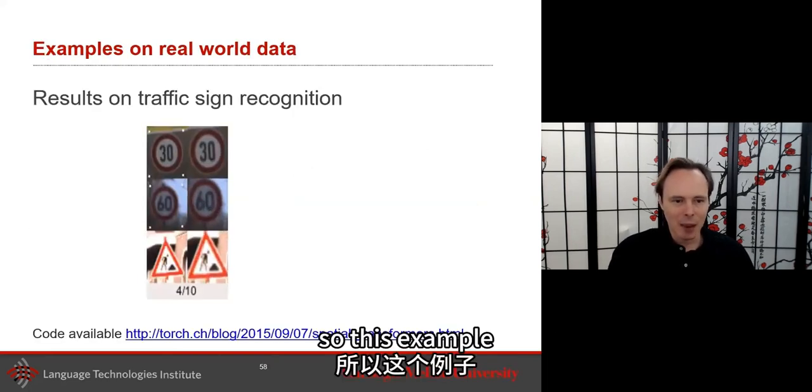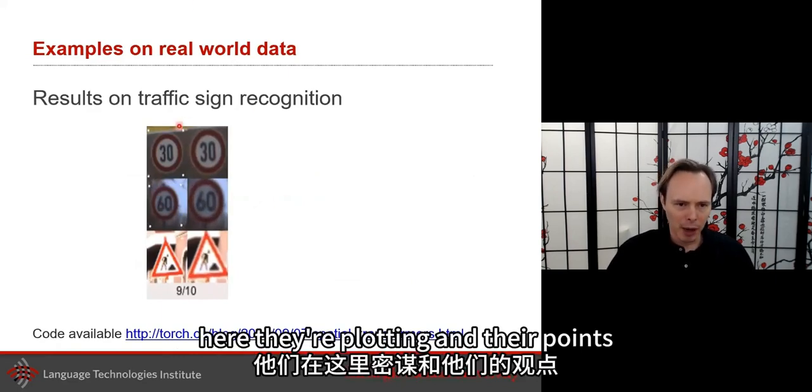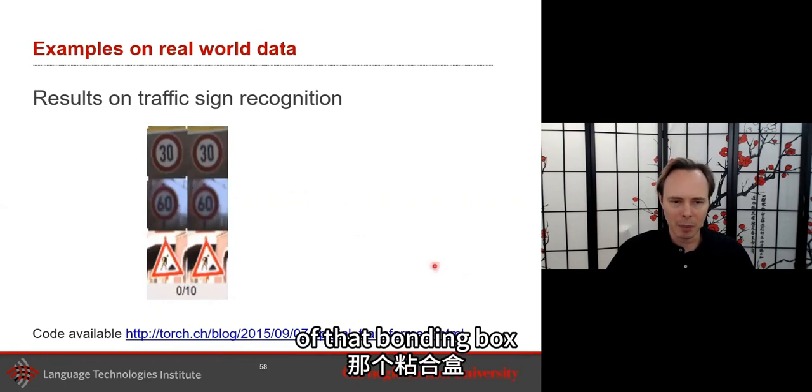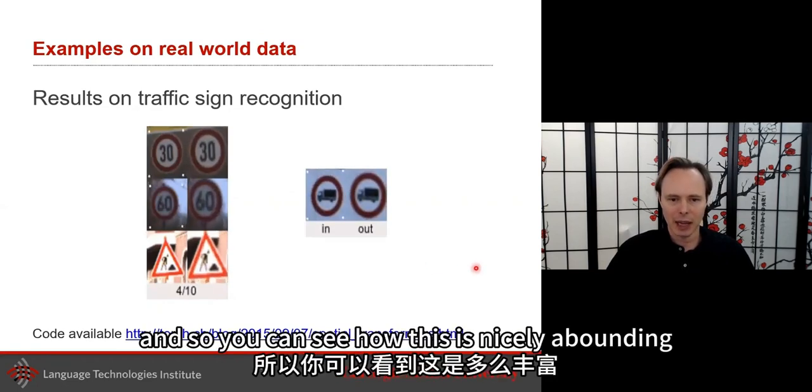So in this example, they're plotting the points, which are just the corners of that bounding box. And so you can see how this is nicely bounding.